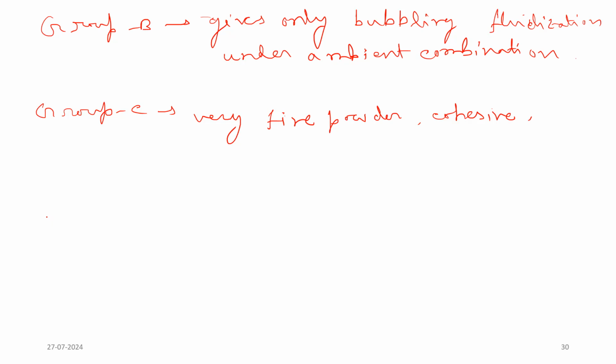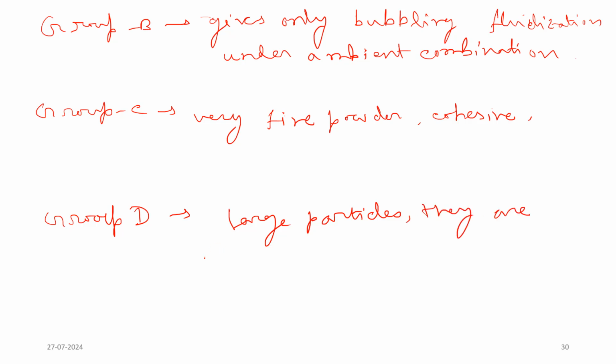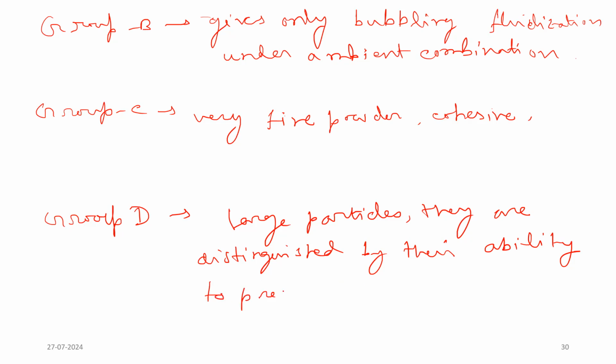Okay. And the last one is group D particles. These are the large particles in the classification, and they are distinguished by their ability to produce deep spouted beds.